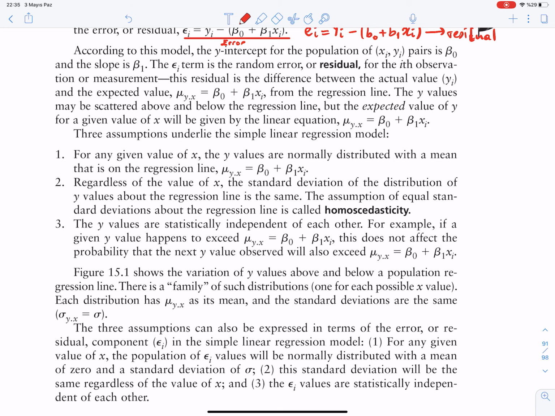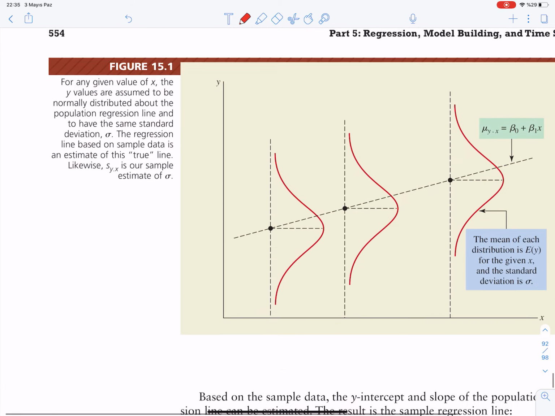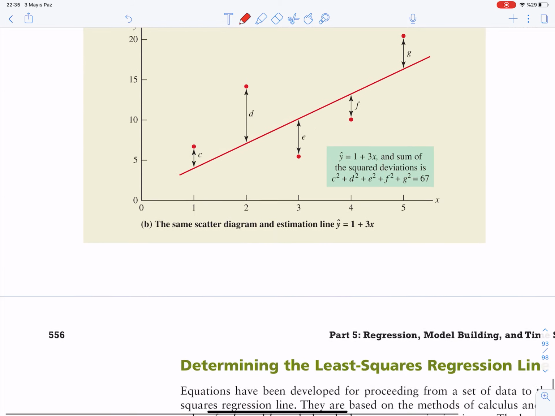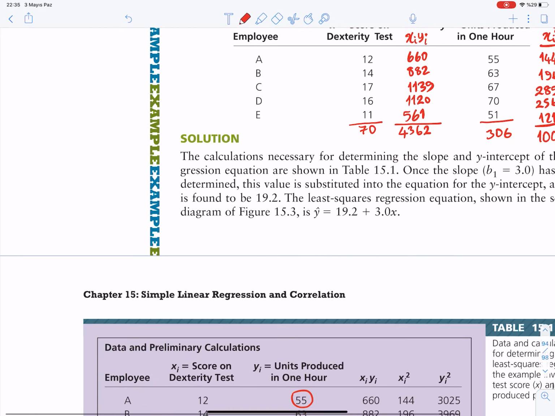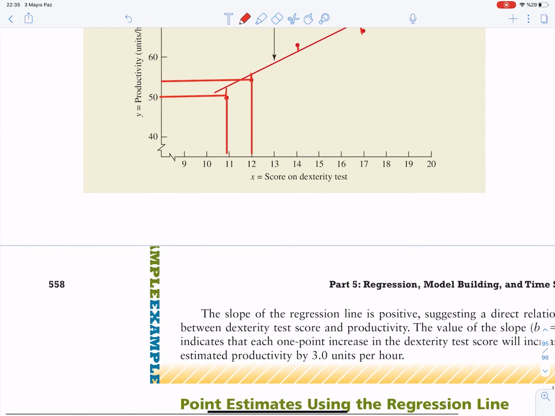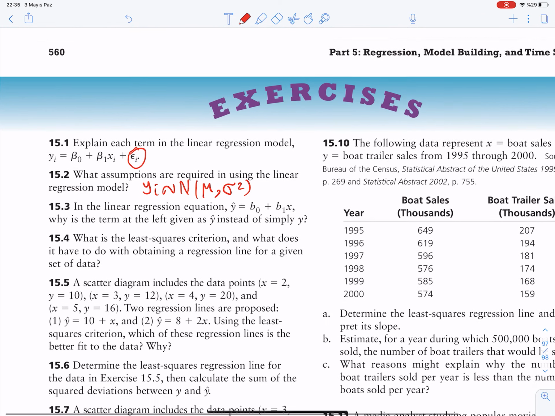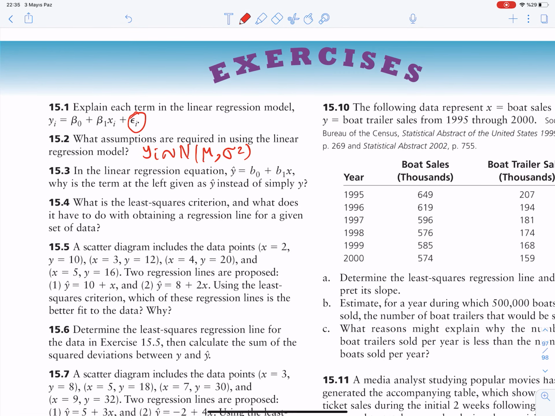And the third one: remember that for any fixed value of x, yi is changing. So yi will vary according to different single x. This is the third assumption.